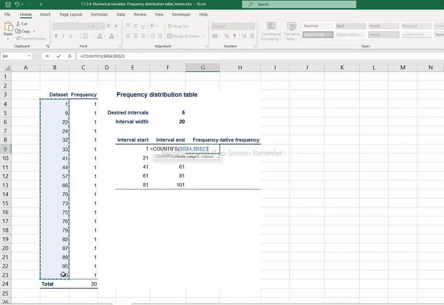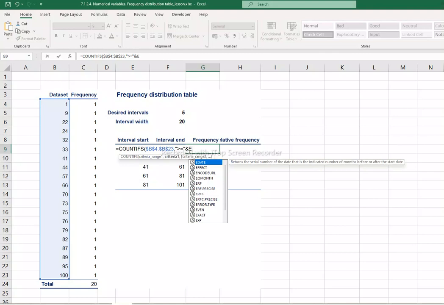Now making it absolute, it has been made absolute, so now we use a comma and use this. It is the same formula that we used the previous time, and E9.